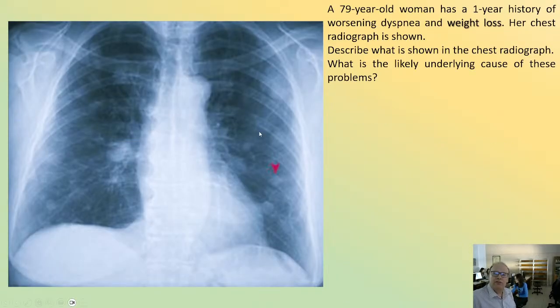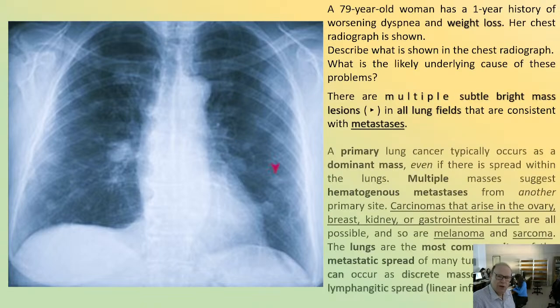And here we have some other. If we have multiple mass lesions, this could be metastasis either from the ovary, breast, kidney, gastrointestinal tract, but also non-epithelial malignant neoplasms as well, such as melanoma and sarcoma. So how does metastatic cancer look like in the lung?